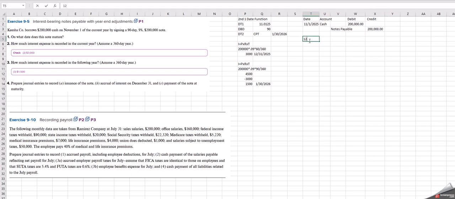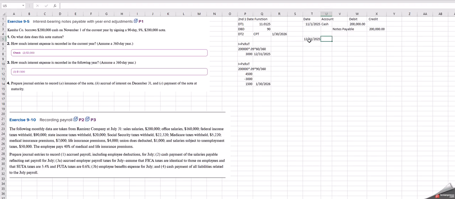Then at the end of the year, we're going to record interest expense. We haven't paid it yet, but we know we owe it for the $3,000, and then we're going to credit interest payable for the $3,000.